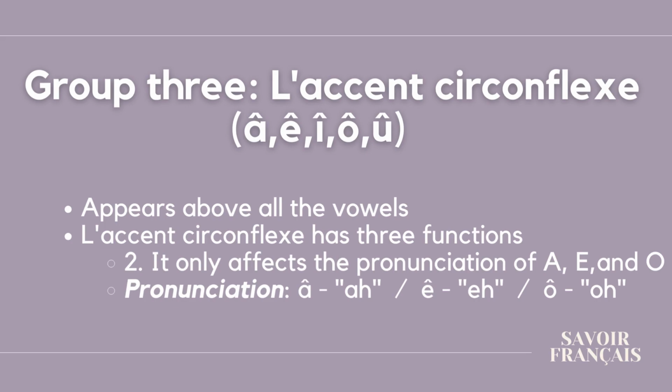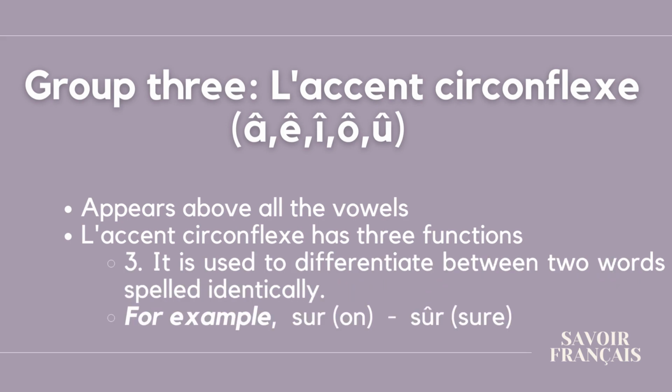O accent circonflexe is pronounced as ô. Lastly, l'accent circonflexe is utilized to differentiate between 2 words that are spelled identically. For example, sur, which means on, and sûr, which means sure.